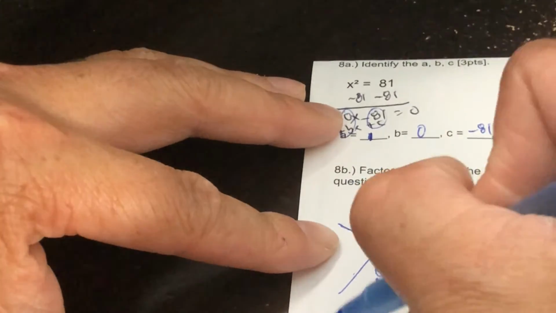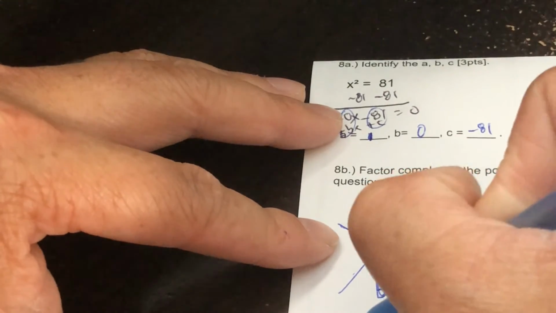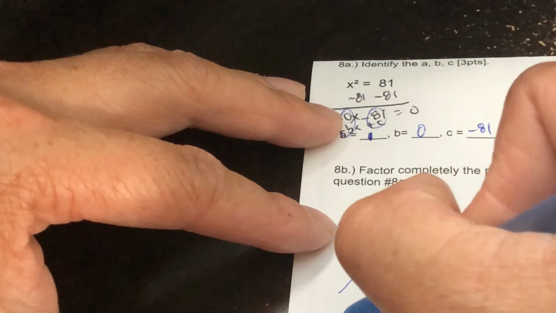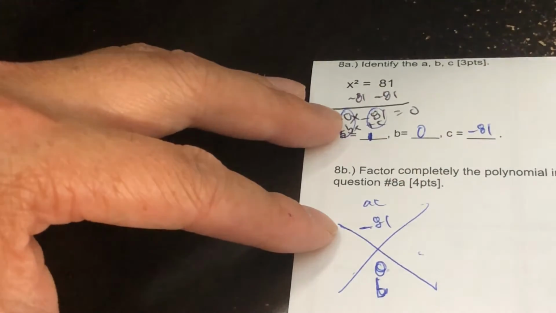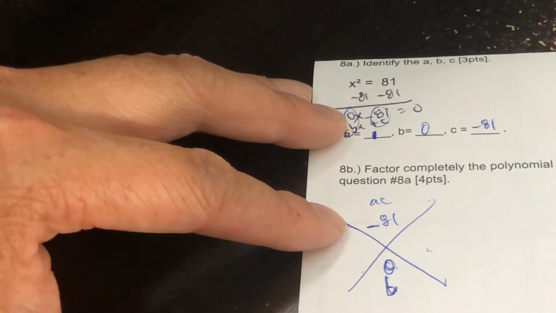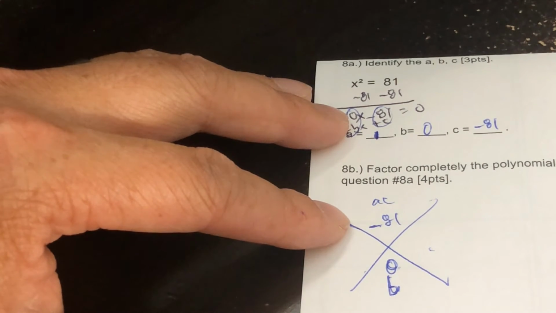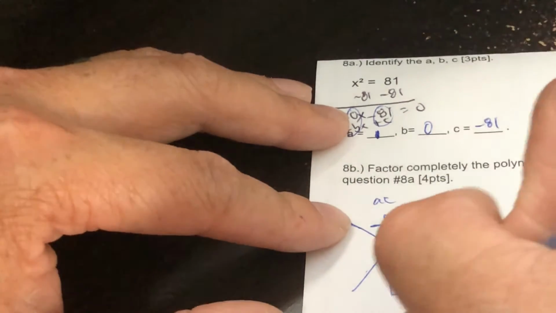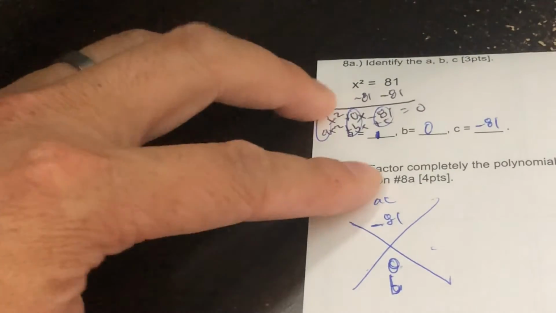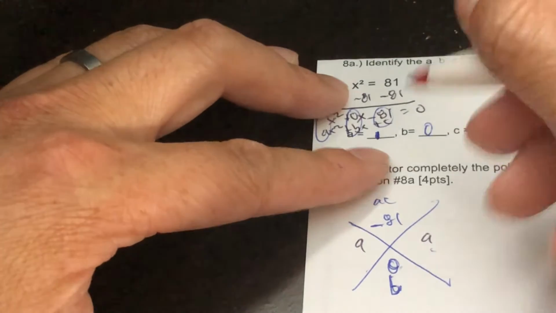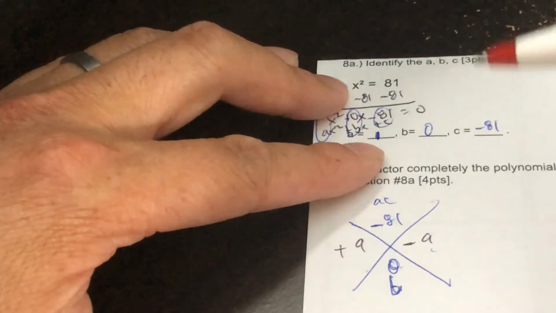You can write them out if you need to. 81 and 1. You use your calculator. 81 divided by 2 doesn't work. How about 27 and 3? 4, 5, 6, 7, 8, and 9. So I'm going to pick 9 and 9, 1 positive, 1 negative, and those are our answers.